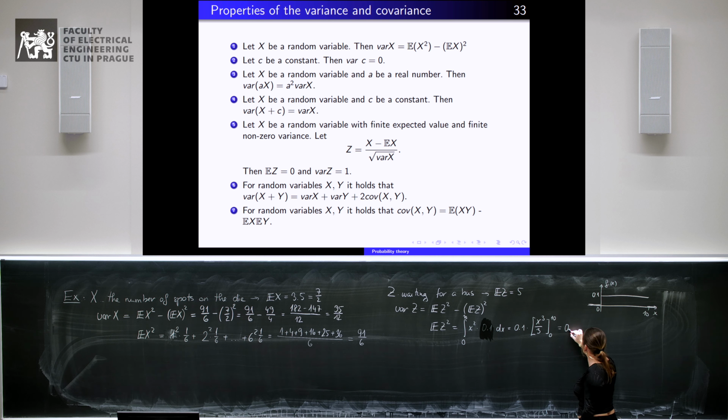So it is 0.1 times 1000 minus 0 over 3. So it is 100 over 3.